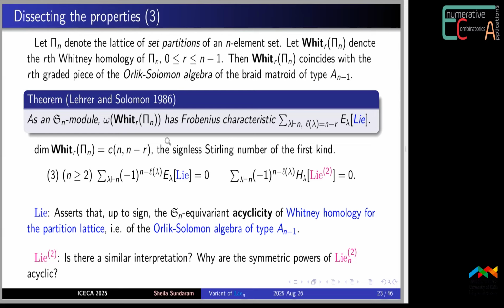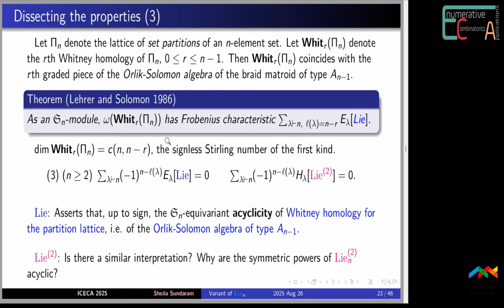This is actually true for more than type A_{n-1}, this acyclicity condition. What is it saying for Lie superscript 2? So now I'm taking a symmetrized module over this Lie superscript 2, and I'm getting an alternating sum that's 0. I don't know. So that's an open question.